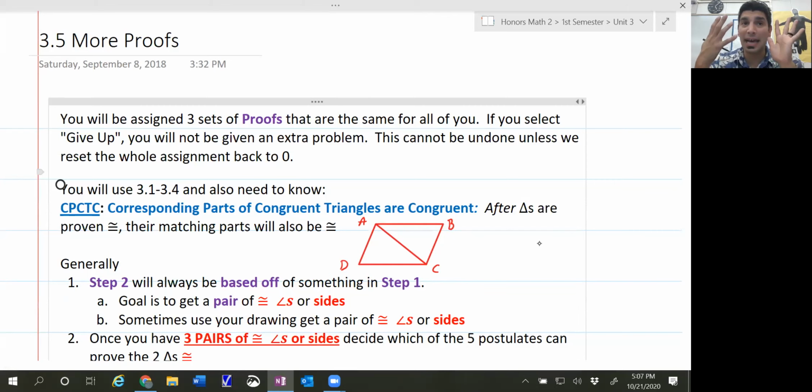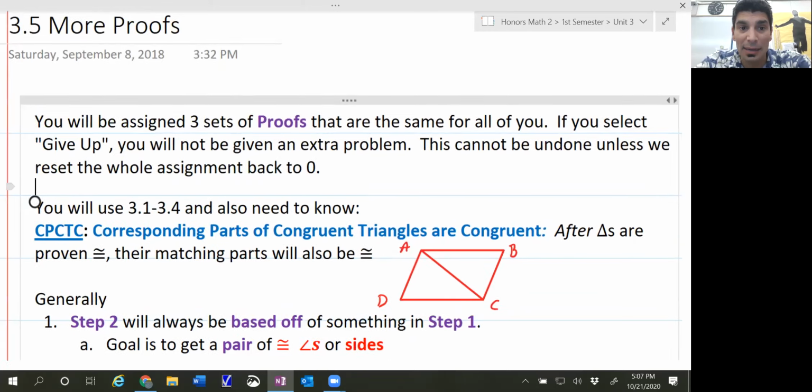You have to do all 9 to get 100% on the homework. If you get stuck and you don't do this problem, it will discount it as a 0 and you get credit for whatever you complete. Just like anything else, the only difference is you can't say, I give up and think you're going to get another one. Otherwise, I have to reset the whole assignment and mark everything like you never did it in the first place. So keep in mind.